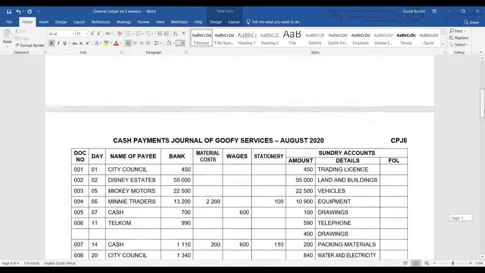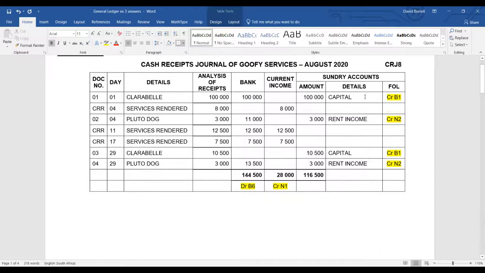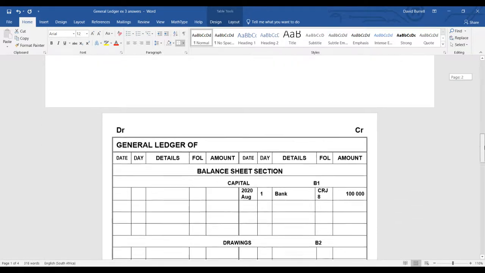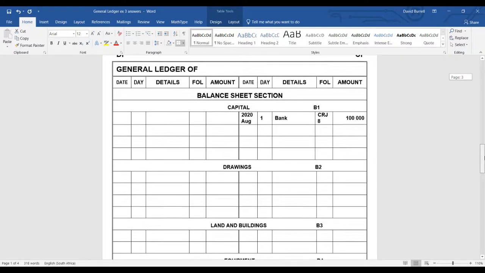Let's go back to our cash receipts journal. We've done those first two. Now it's this next one here on the 29th, and that's more capital that the owner put into the business. It's another amount of 10,500 Rand. So it goes to the capital account, which is account B1. Okay, so capital is always going to be account B1, in this particular exercise and generally.